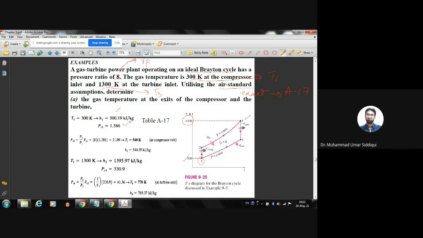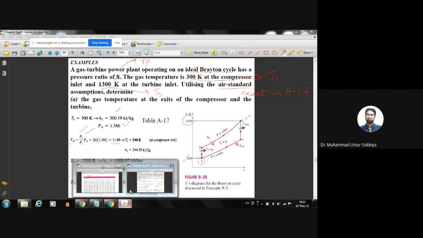Then we know the pressure ratio is 8, so P2 by P1 is 8. Since we know P2 by P1 and PR1, we can use this to determine PR2. So PR2 comes out to be 11.09.